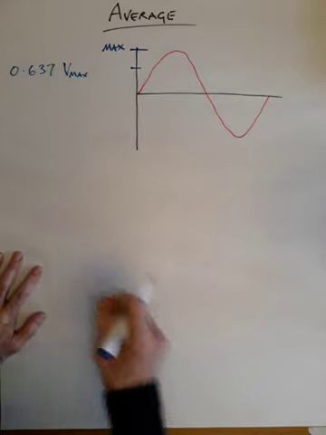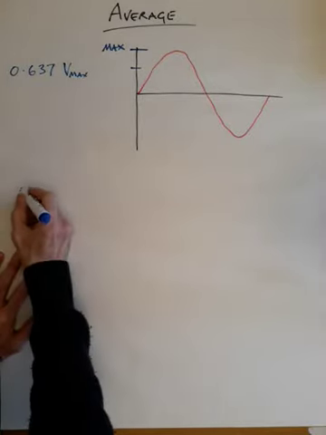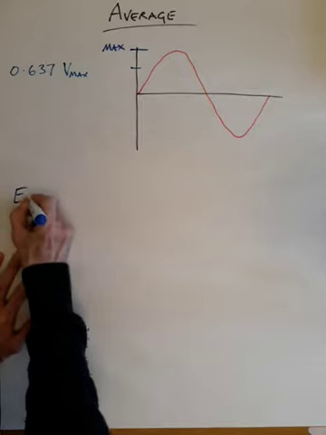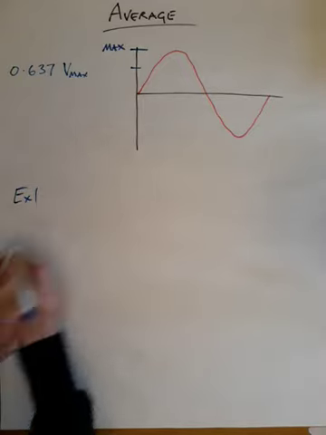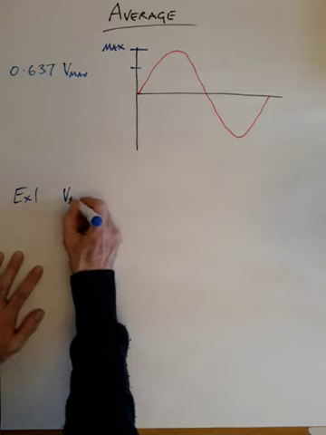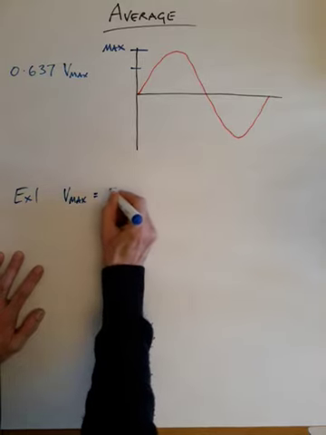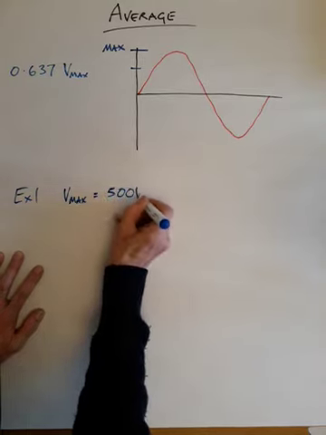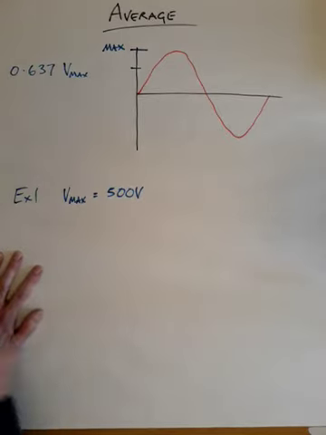So let's whiz through and have a look at example 1. So in example 1, Vmax is 500 volts and you've got to find the average.